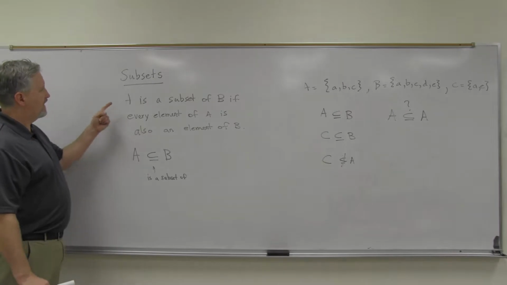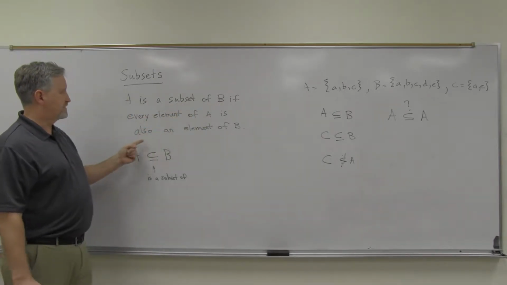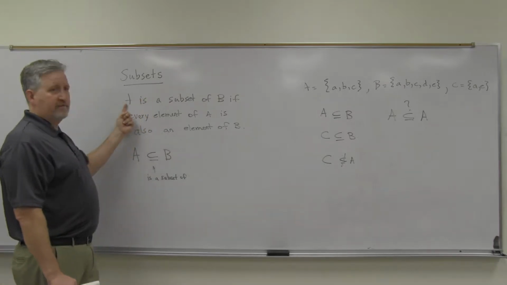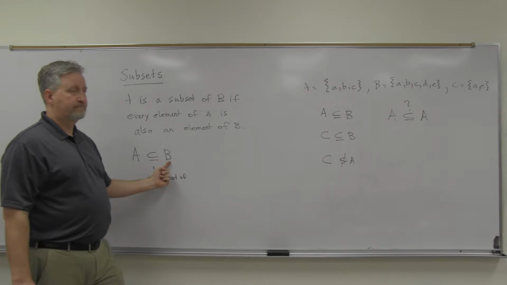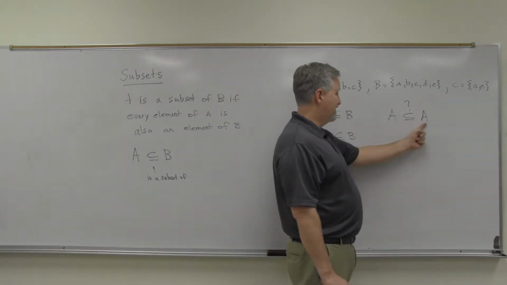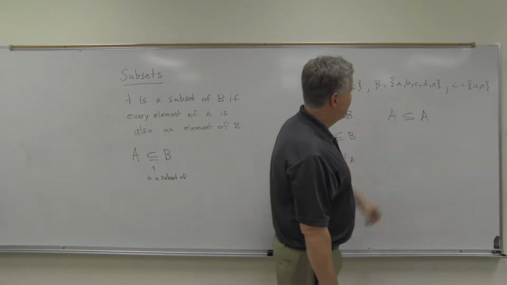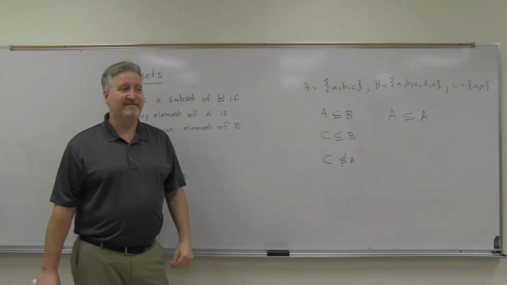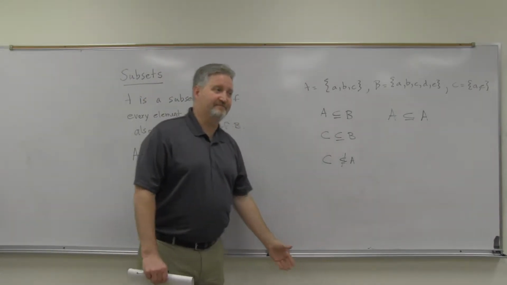Well, A is a subset of B if every element of A is also an element of B. So it's if every element of the first one is also an element of the second one. Is that true here? Is every element here an element over here? Yep, that's true. A is a subset of A. So a set is also a subset of itself.